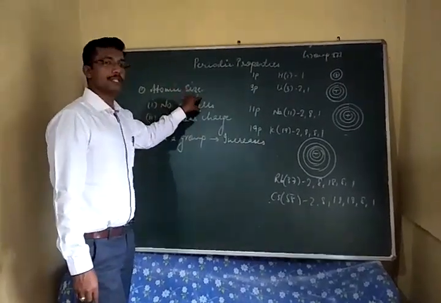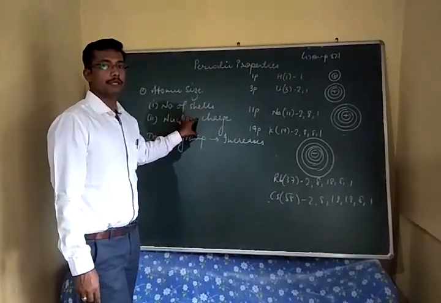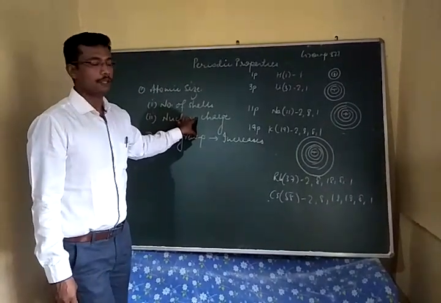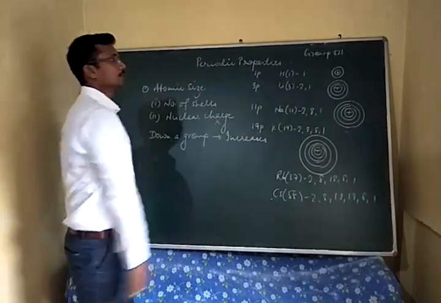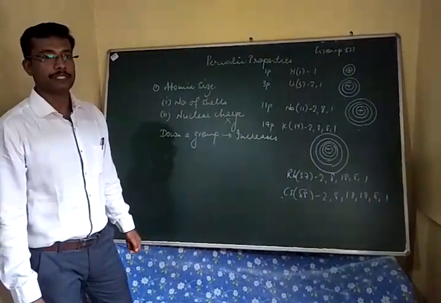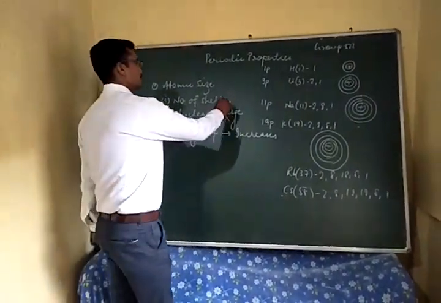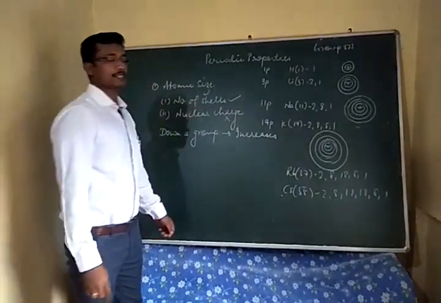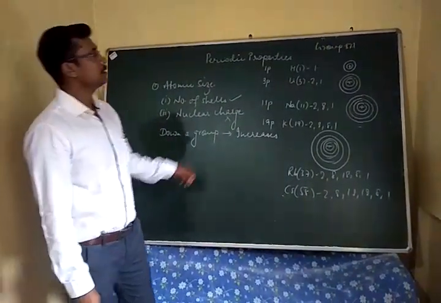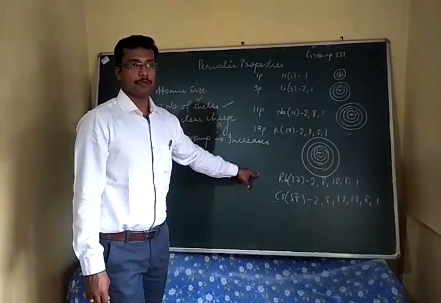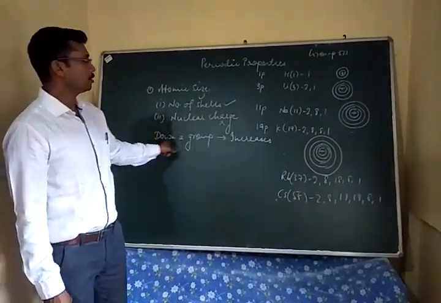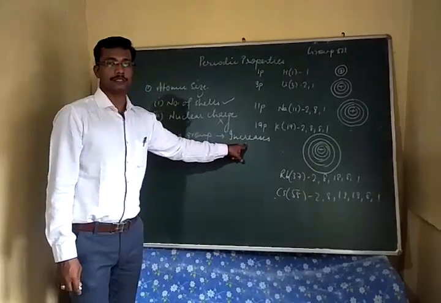That is, the number of shells is more effective than the increase in the nuclear charge. So nuclear charge does not cause much effect on the atomic size. It is the number of shells that will decide the atomic size. And since the number of shells increases down the group, we can say down the group atomic size will increase.